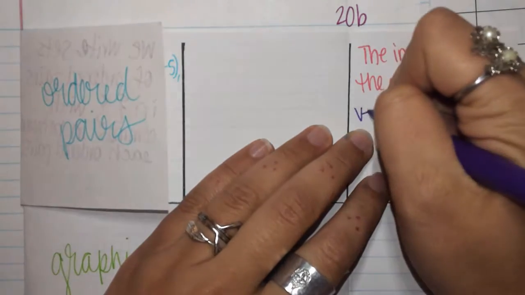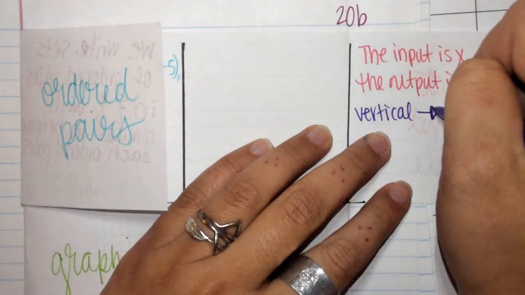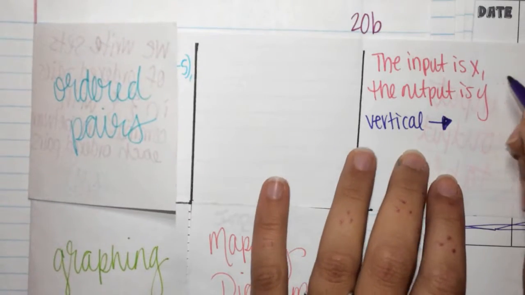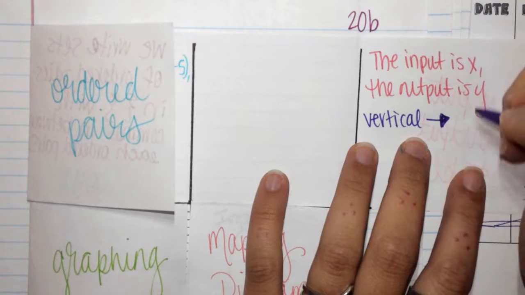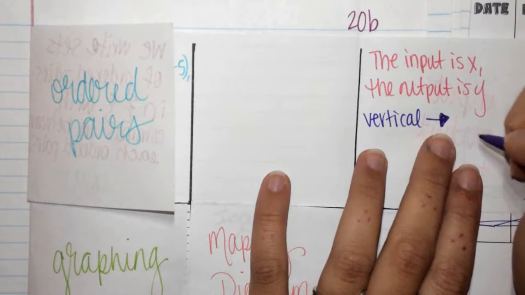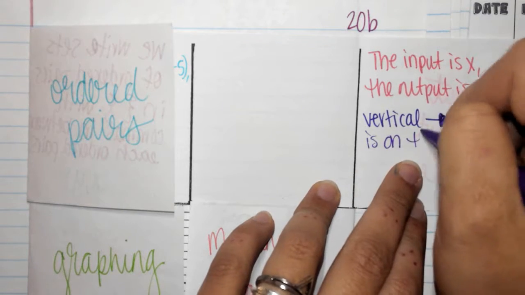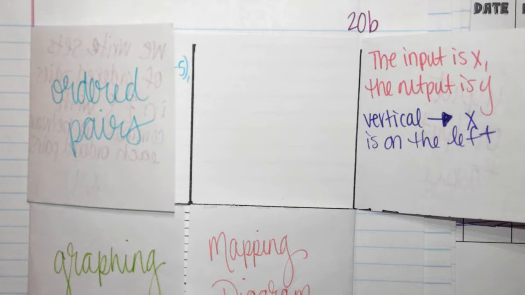On a vertical table, vertical is which way? Up and down. Your vertical is how high you can jump. You don't hop side to side. Alright, so on a vertical table, X is on the left. Which way is horizontal?